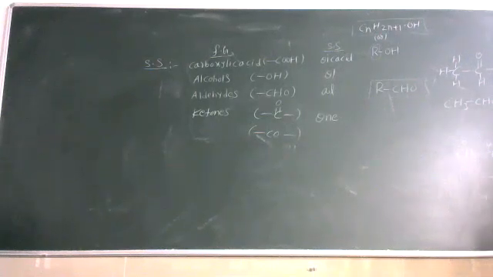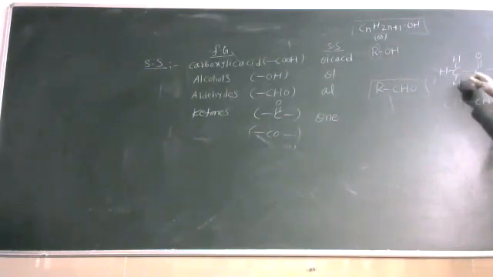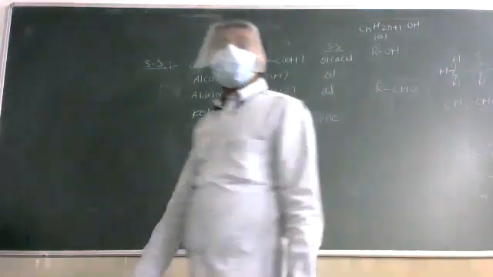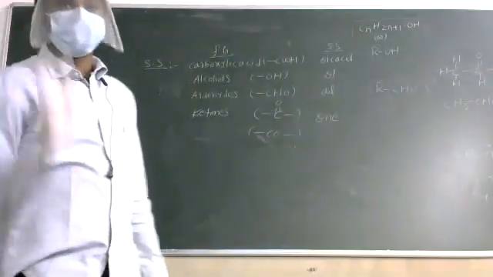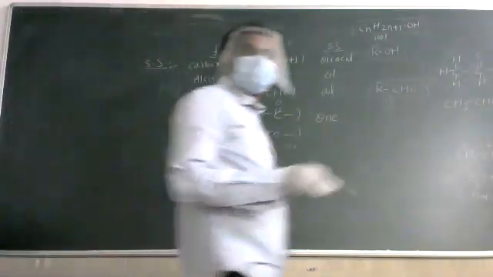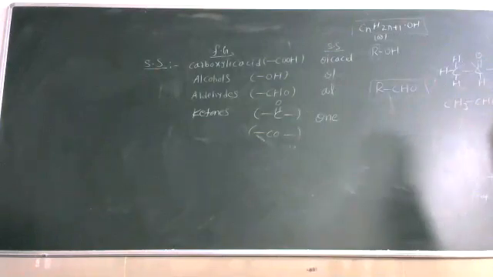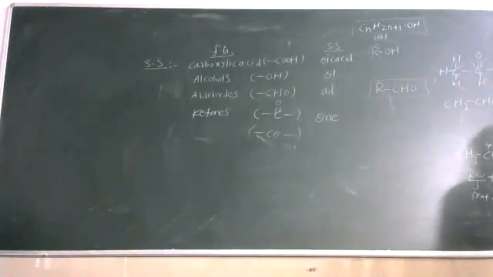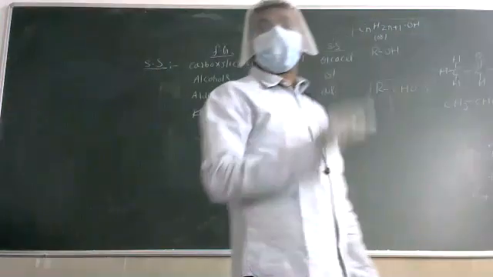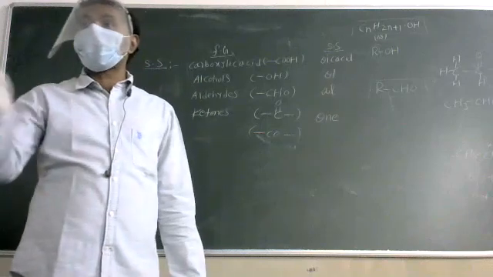No, it is wrong. Why? Because this carbon is surrounded by how many bonds? 2, 3, 4, 5. Are 5 bonds possible? No. Carbon's maximum valency is tetravalency, 4 bonds. So COOH, CHO, CN, CONH2 are functional groups that exist only terminally. These are called terminal functional groups.